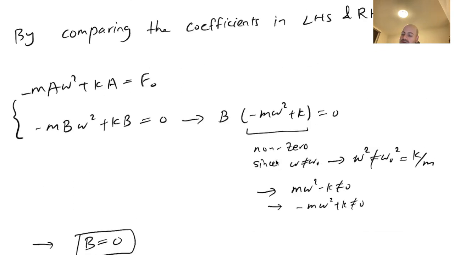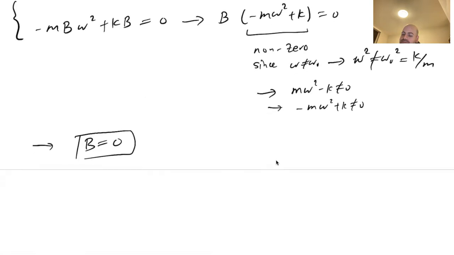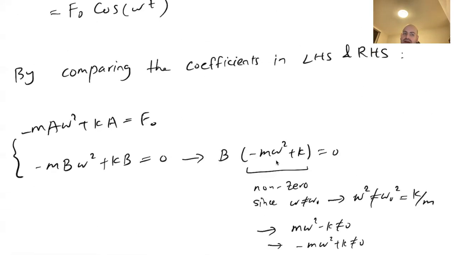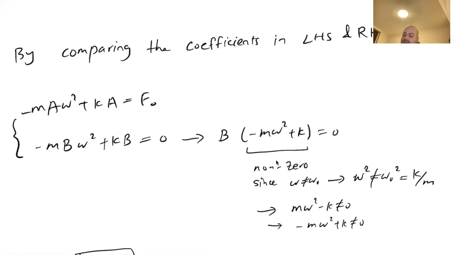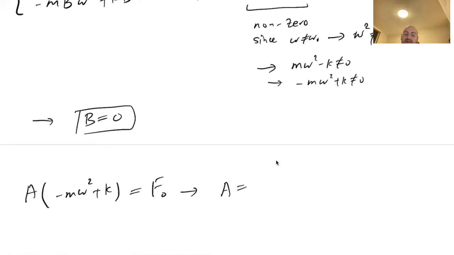And for the first equation, if I factor A out, then I'll have A times minus m omega squared plus k equals f0. Then A will be equal to, because again this term is non-zero, we just showed that, we can divide both sides by this number.